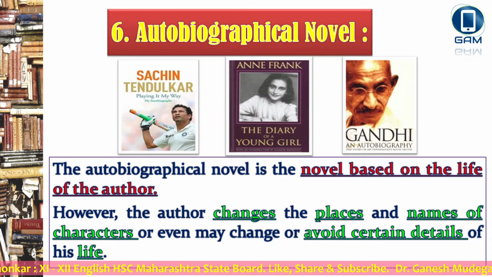Some people write without any restriction, but some people don't want to put themselves in controversy, and that's why they don't write some of the things. But some people do write controversial things, and maybe this is the funda to get popularity also, but some autobiographies give us inspiration. So these are some examples of autobiographies.